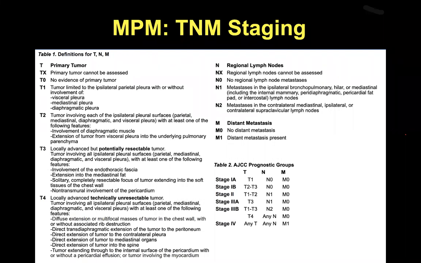They are the ones who worked on this, and they produced this document, and then this document was taken up by the AJCC committee, and so this has come out as AJCC TNM staging based on IMIG recommendations. Okay, so this is what it is. Now let me just go through each one of these in more detail and explain what is the difference between the 7th and the 8th edition of AJCC.